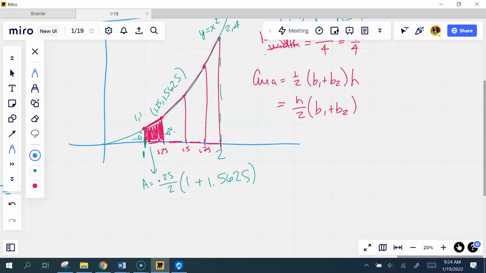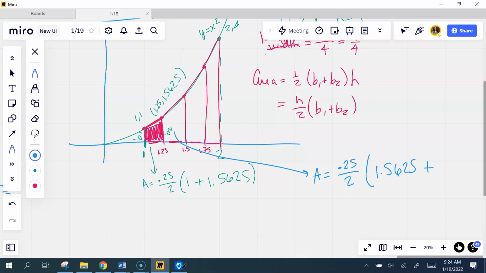And then if I do the area of this trapezoid, the height is constant. Do you agree? So every single time I'm multiplying by 0.25 over 2, right? Times. Now what's base 1 here? Do you notice that it's the same thing?